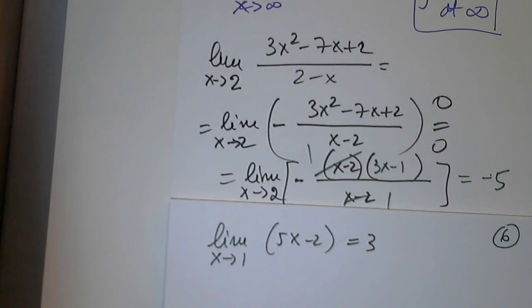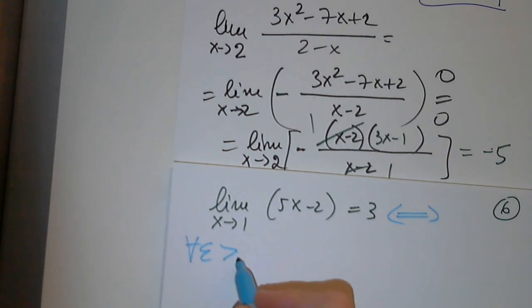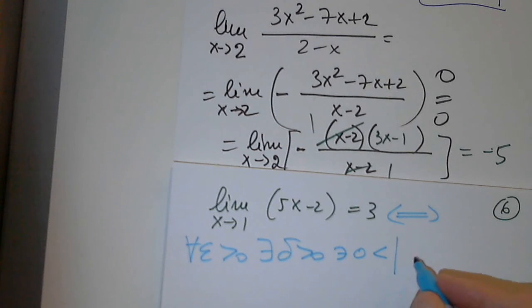We should always check. Yes, 5 minus 2 is 3. They want us to use the epsilon delta definition. So this is equivalent to saying for every epsilon positive, I will find a delta positive such that every time I pick, then I get this.